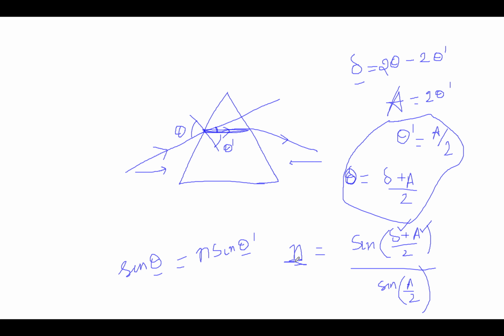From here we can make an even smaller approximation that for very small angles I can write sine theta as theta. So then I can write n, by making another approximation that sine theta is almost equal to theta, as A plus delta by 2, divided by A by 2, almost equal to, right?